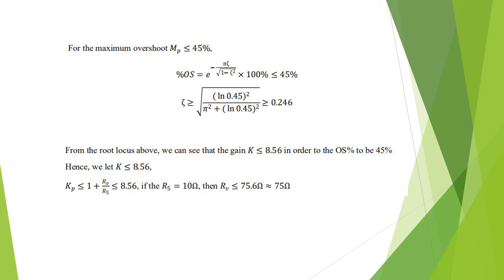So from the root locus, we can find that Kp has to be less than or equal to 8.56. So we design that Rv is equal to 75 ohm, while R5 is equal to 10 ohm.